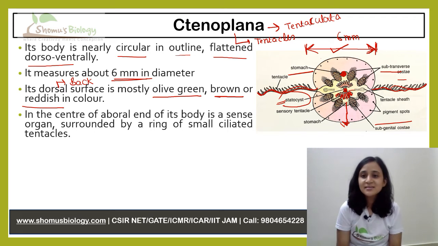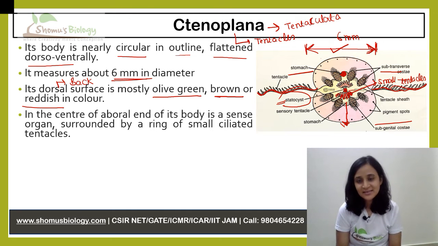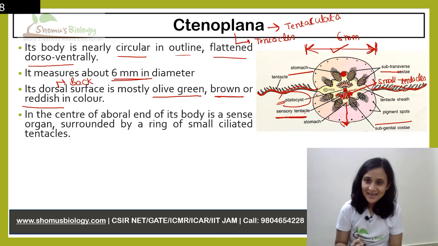Here, these are some small tentacles, and these tentacles are surrounding the statocyst sense organ. That's why these tentacles are called sensory tentacles, because they are covering the sensory organ.